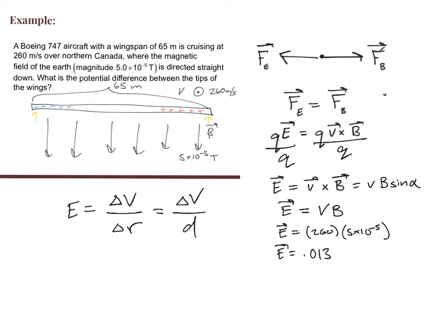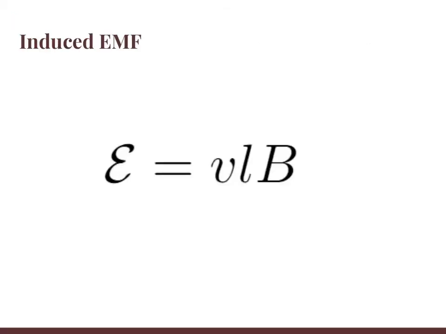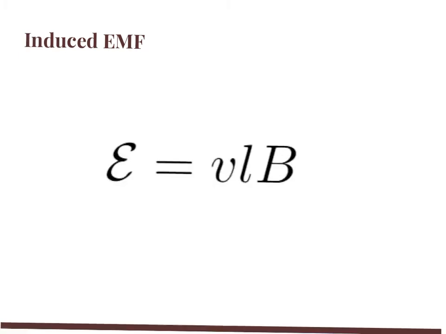So we have the electric field is 0.013, which equals potential difference over D. The distance between the 2 points we're looking at is 65 meters. So we'll do 0.013 times 65 to give delta V equals 0.845 volts.